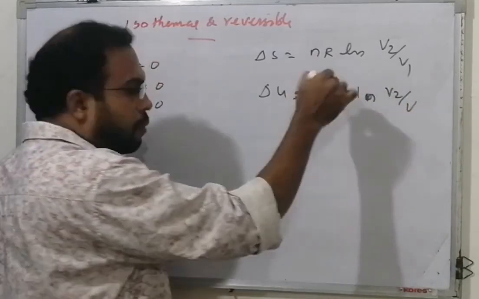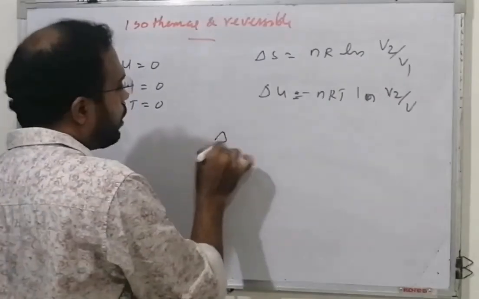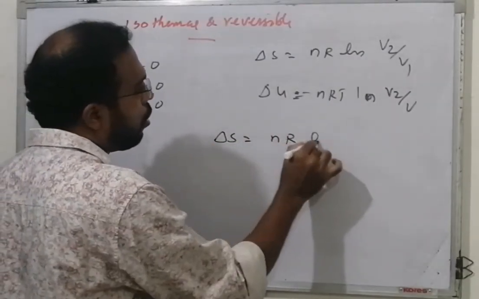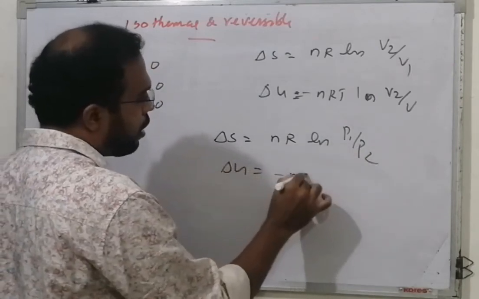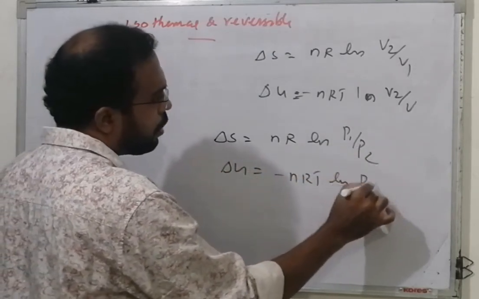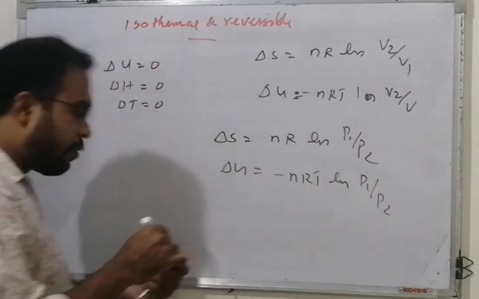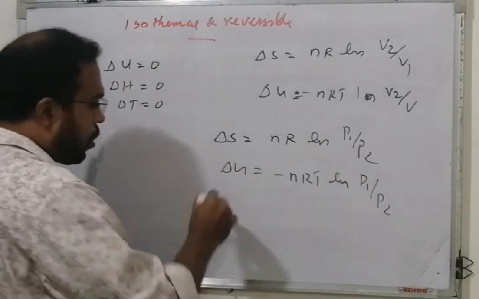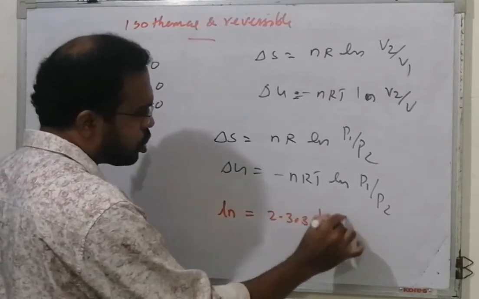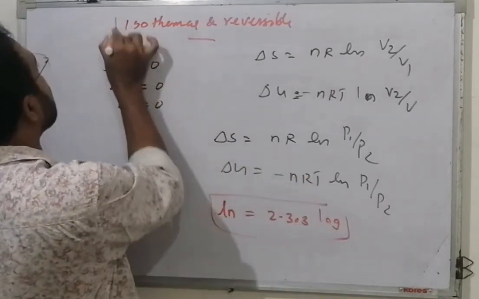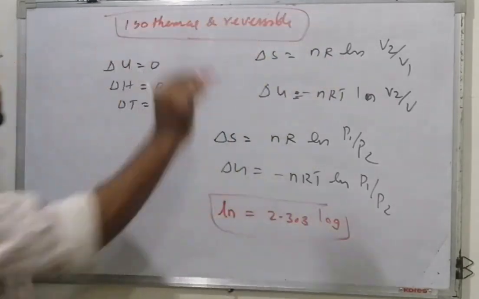Or delta S is equal to nR ln P1 by P2, or delta G is equal to minus nRT ln P1 by P2. When you convert the ln into log, you will get 2.303 log. Very, very simple. What is the key word? Isothermal reversible.